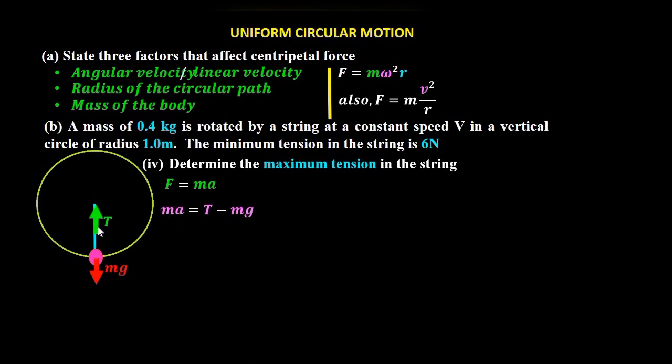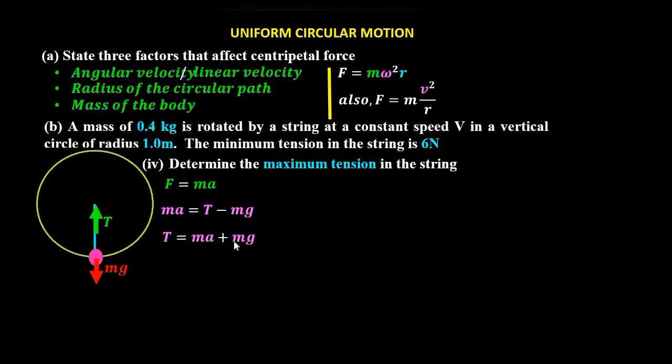Now remember, for this case, ma is the centripetal force. Everything that acts towards the center of the circular path is regarded as positive, and then the other one negative, because it's acting in opposite direction. So centripetal force is equal to tension minus the weight of the object. And from here, if we make T the subject, T becomes ma plus mg.